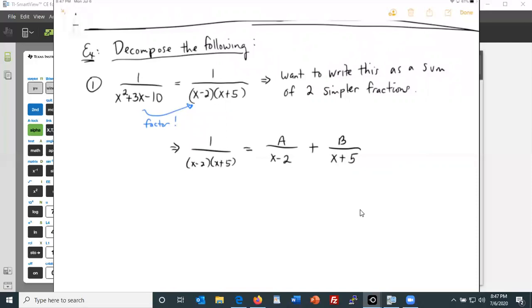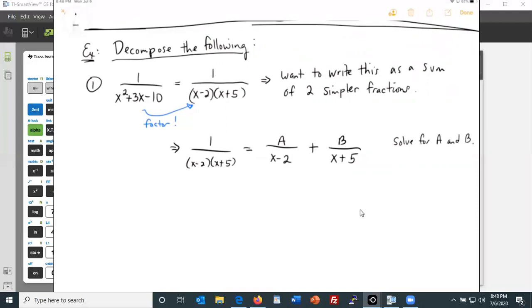Now, what we're going to have to do is solve for A and B. This way we can figure out what over x minus 2 plus what over x plus 5 is the left side expression, or the original problem.